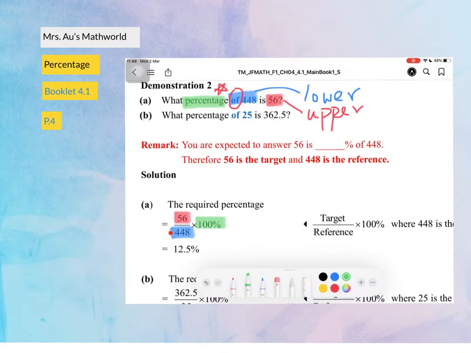Then we multiply the things here, and you will see 12.5%. So this is the first one.